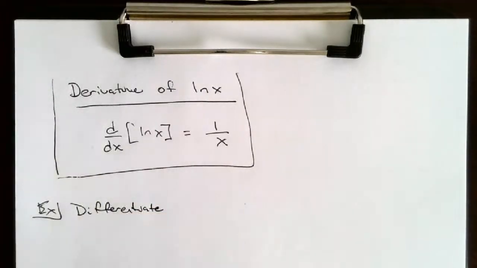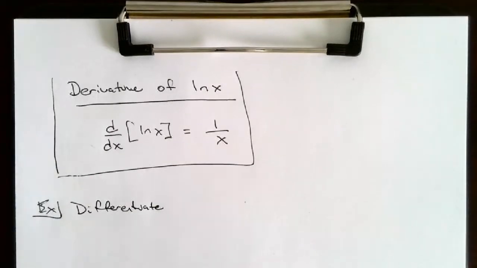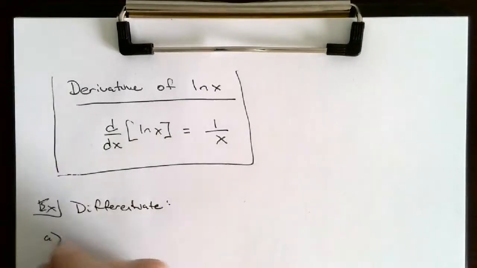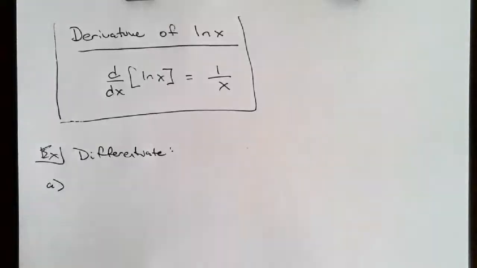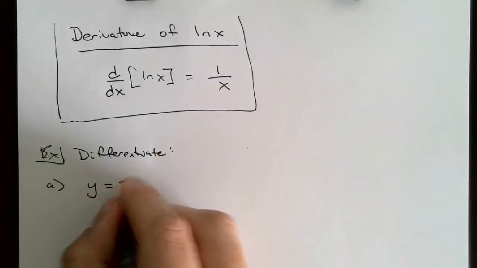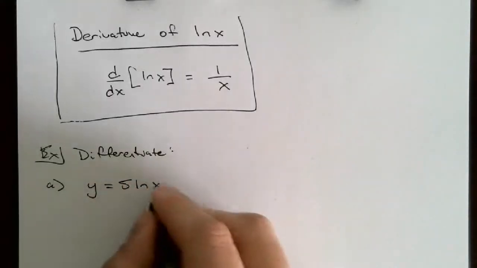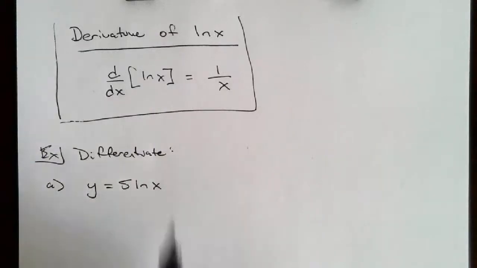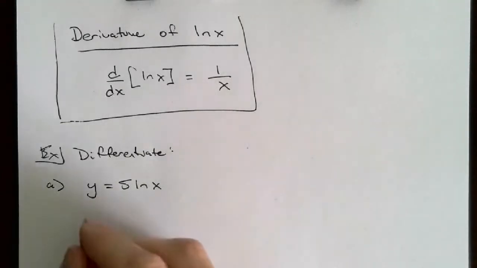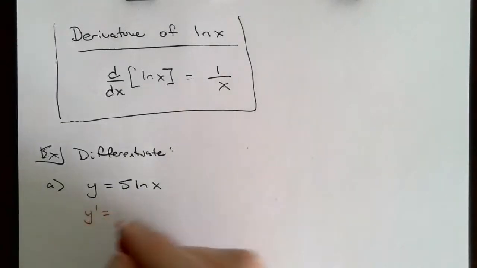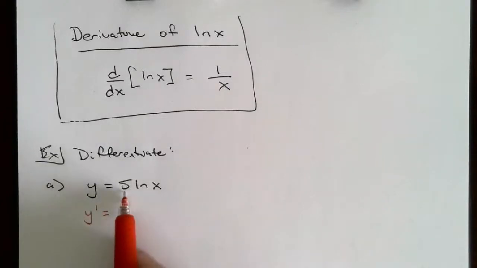So, for example, if I said to differentiate, and remember that means take the derivative, let's take a look at just y equals 5 ln x, or natural log of x. Remember, when I write ln x, it's natural log of x. It's a function. And when I want to take the derivative here, we have y prime is equal to, now 5 ln x means a constant 5 times a function.